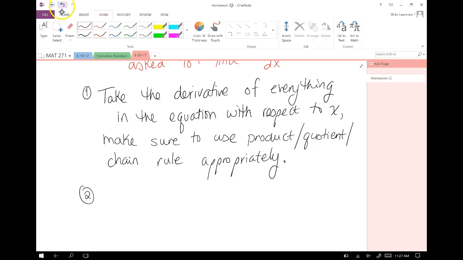So remember, if you get to the point where you have to do the derivative of a y, we do dy dx. If there's an operation on it, we'll have to do chain rule, because it would be like a function of x with another operation applied to it outside, and we'll look at an example of that.